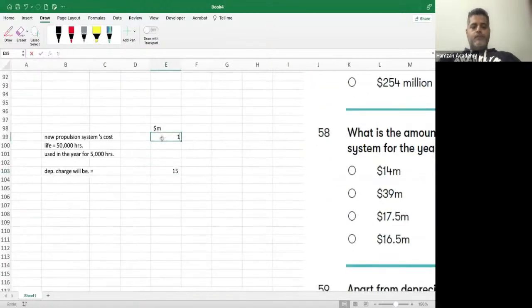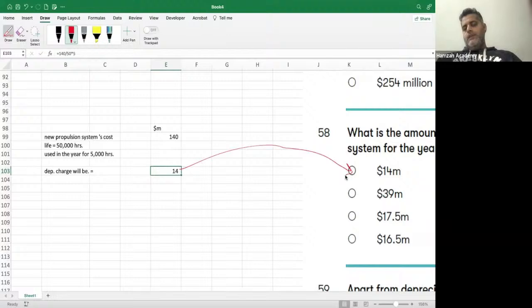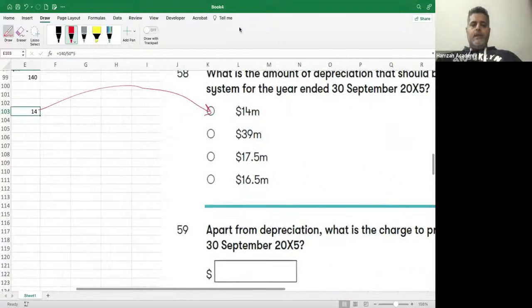My bad, I mistakenly wrote the 150. So 140 divided by 50,000 into 5,000, and we get 14 million over here. And this 14 million is going to be option A. Done? I hope it's clear.